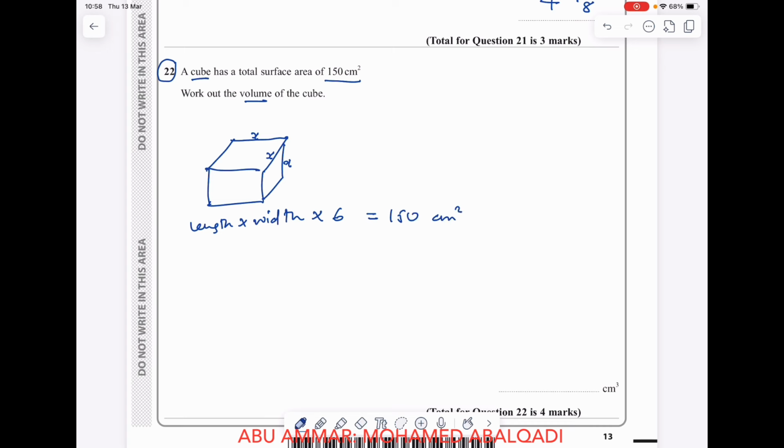So the length is x, the width is x, times 6. This will be 150 square centimeters. So x times x is x squared, times 6 equals 150. So 6x squared equals 150 square centimeters.